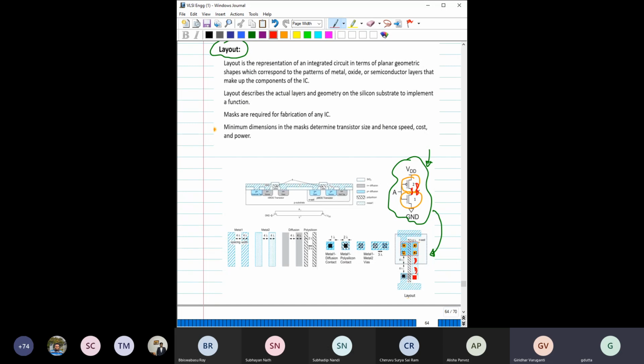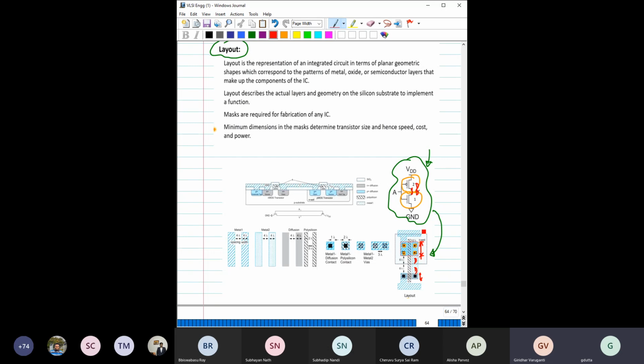So you can see compared to NMOS, the PMOS width is larger. Width is basically this one. This is the NMOS width and this is the PMOS width. And this is the gate, this part is the drain, this part is the source. So this part has been taken as the source contact, and this part has been taken as the drain contact.